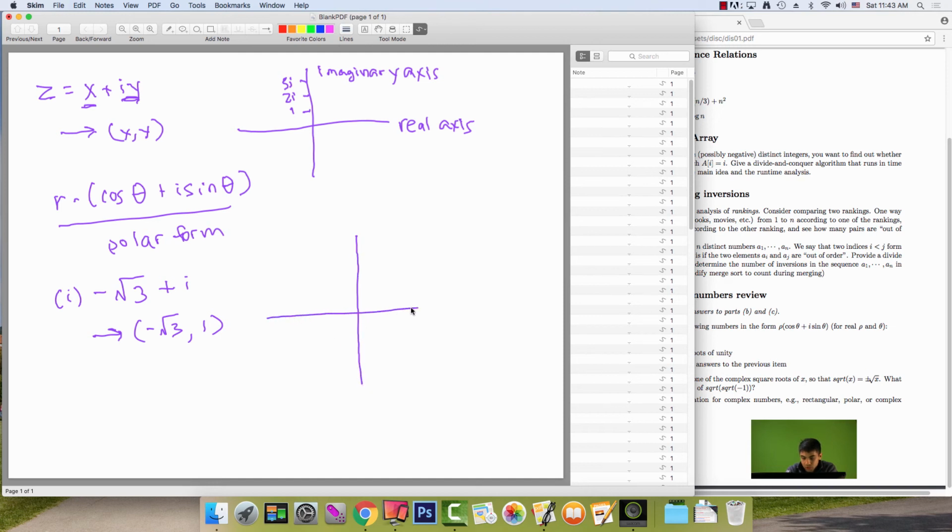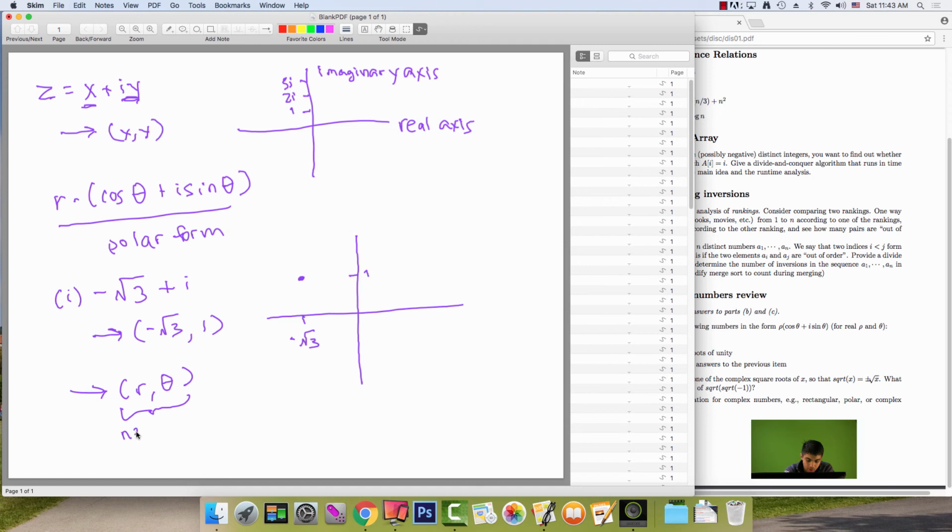So now we go about drawing the complex plane, and we plot the point at negative square root of 3 and 1. What we mean by polar form, r times cosine of theta plus i sine of theta, is that we're changing from an xy coordinate to a coordinate of the form r comma theta.